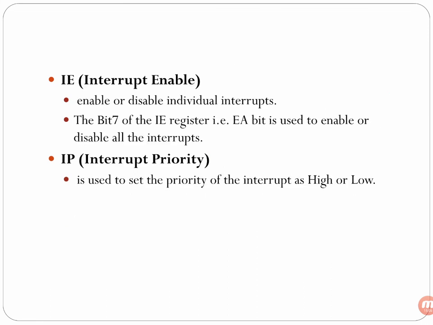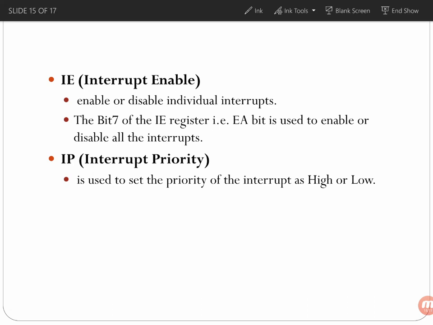IE, interrupt enable. The IE or interrupt enable register is used to enable or disable individual interrupts. If a bit is set, the corresponding interrupt is enabled, and if the bit is cleared, the interrupt is disabled.